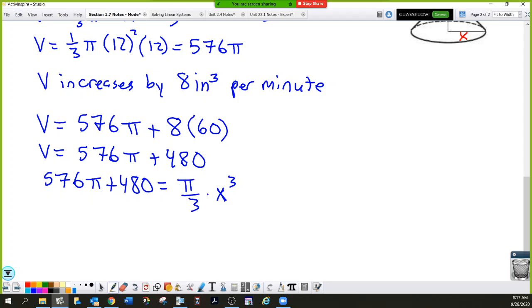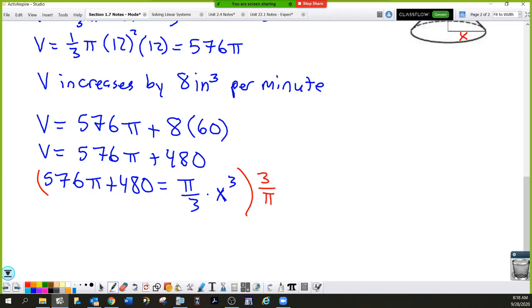Now, how do we cancel all fractions? Multiply by its reciprocal. The denominator is half of the step, but then the other step would be to divide by the numerator, so we're going to multiply by the reciprocal. If you want to do it in 2 different steps, you're welcome to. You'll always get the same answer, but it's faster just to multiply both sides by the reciprocal, 3 over pi.